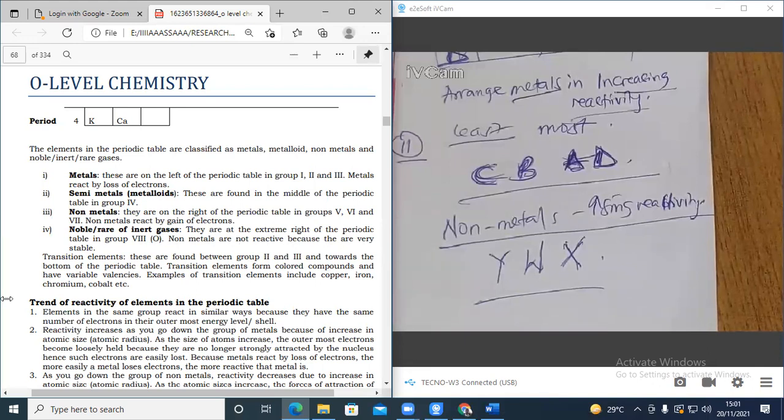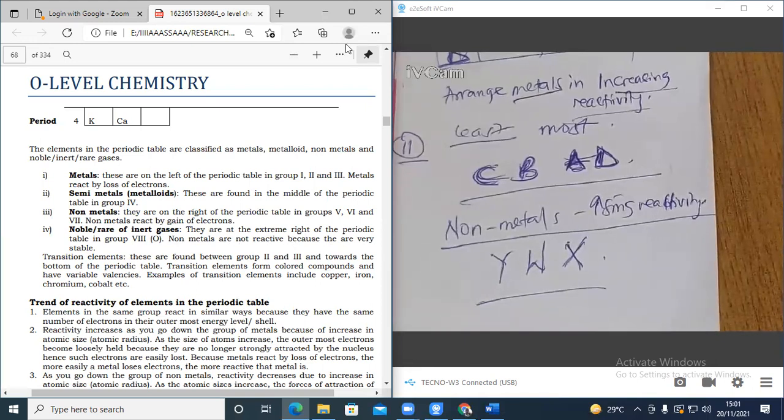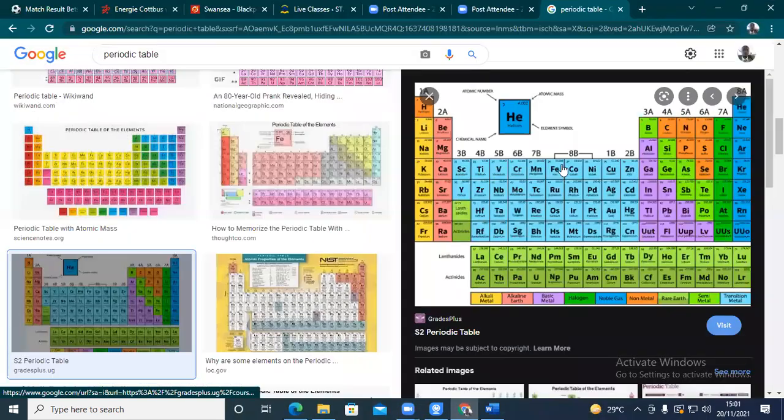Then transitional elements are found in between group 2 and 3. We looked at them last time. Let me show you that periodic table here. You see all these from 3B up to 2B, all these are called transitional elements. They have a certain color, that's why they are called transitional elements.